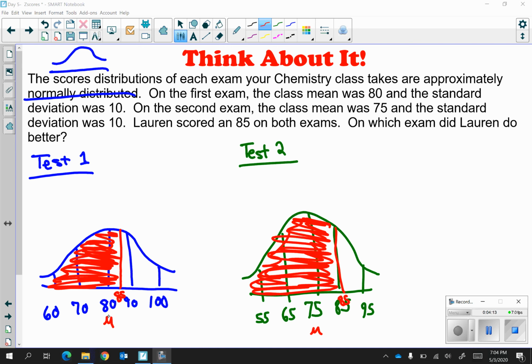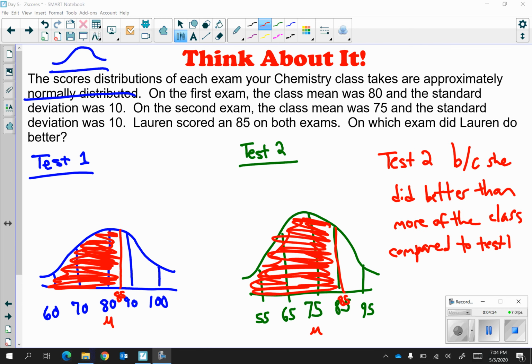In the other one, the average was an 80, and she was only half a standard deviation above the average. So since she was further away from the average, she did better compared to the rest of the class. So we're going to say test 2, because she did better than more of the class compared to test 1.